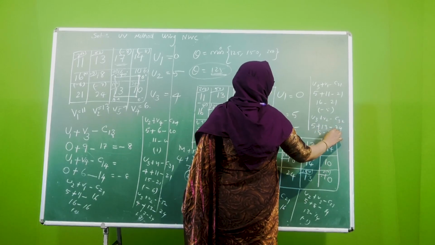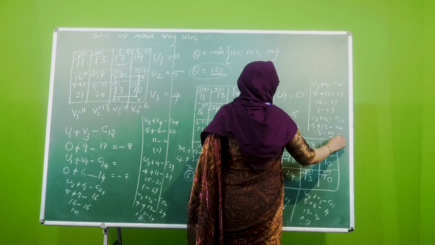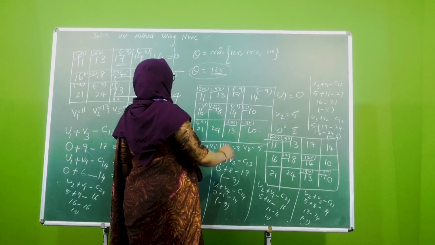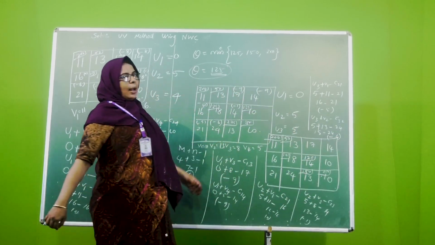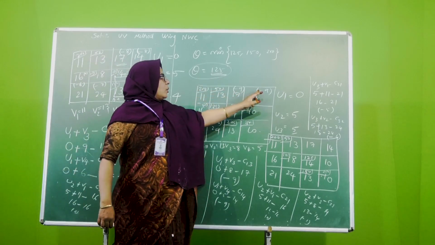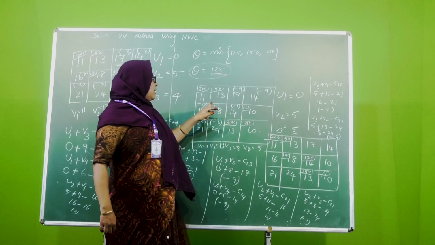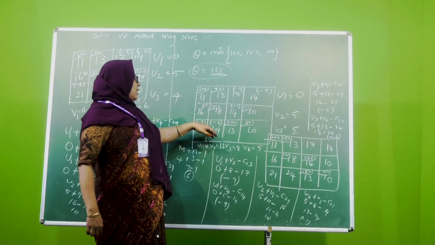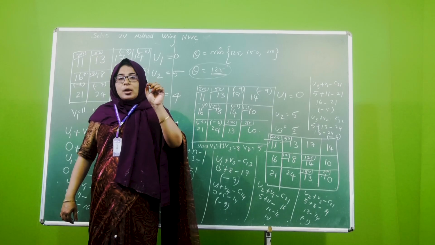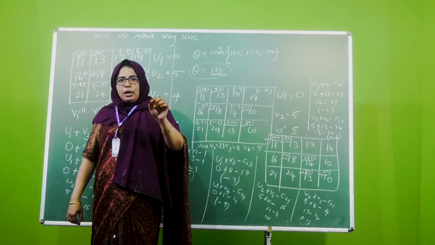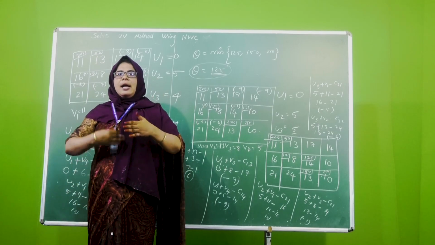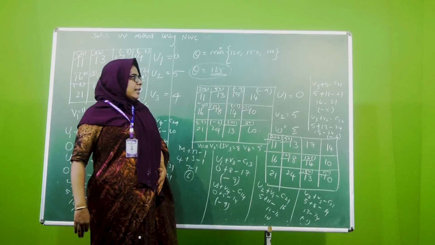So 18 minus 24, that is minus 6. So all the dummy values are negative. So the problem is finished here. Minus 9, minus 9, 0, minus 1, minus 5, minus 6. If a positive value occurs in the dummy values, we have to repeat the previous steps as well.